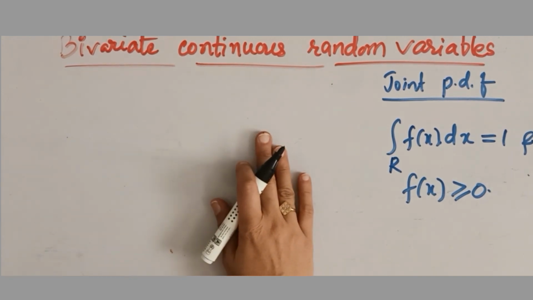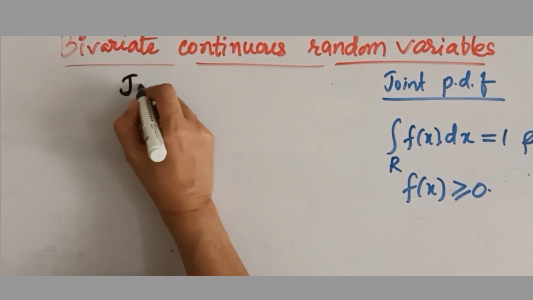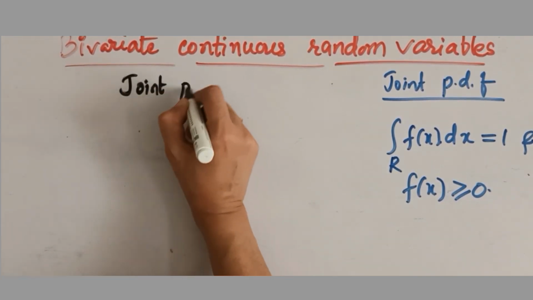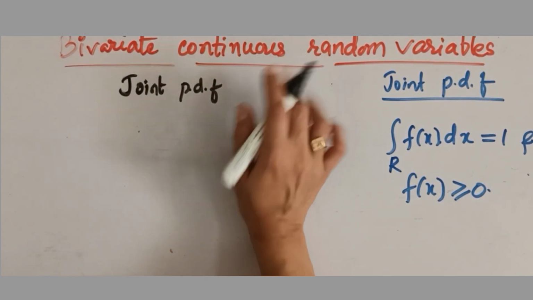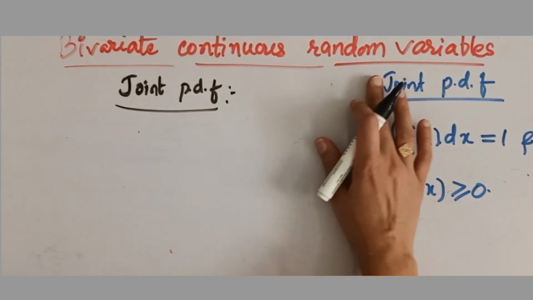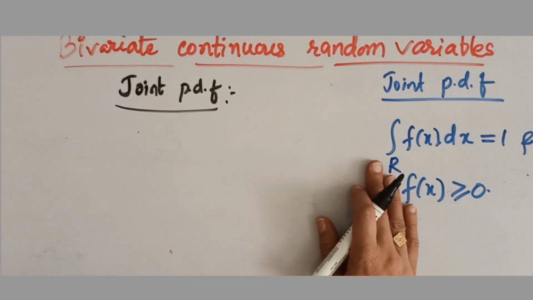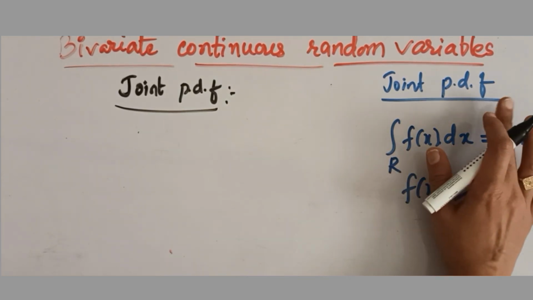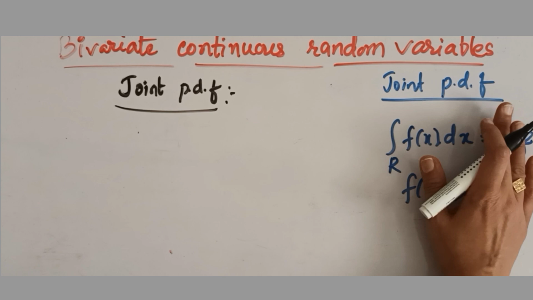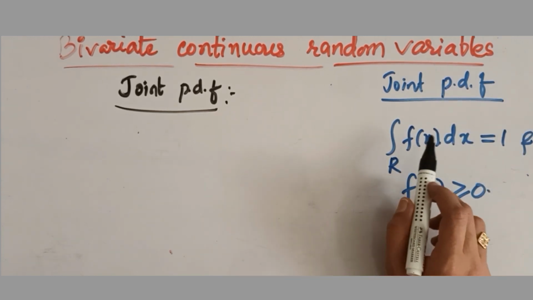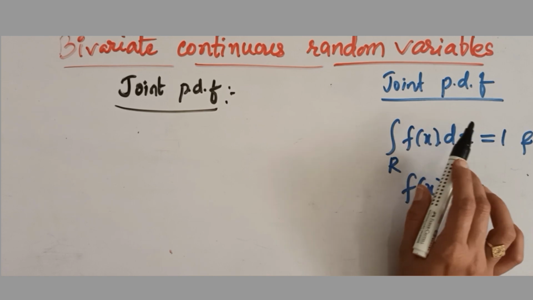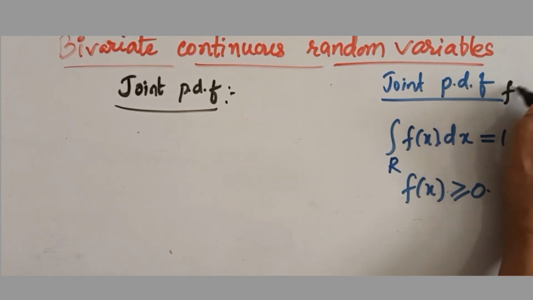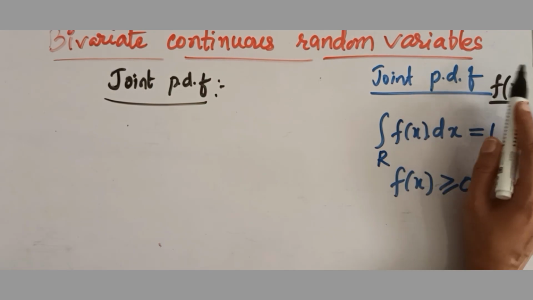Now let us see what the joint probability density function is for a bivariate continuous random variable. First, this is the probability density function for a one-dimensional continuous random variable. As per the definition, small f of x denotes the probability density function.